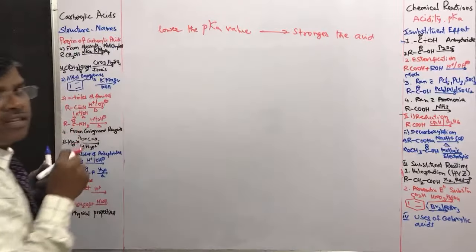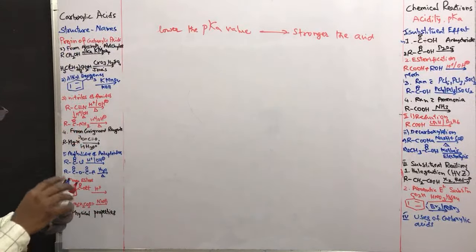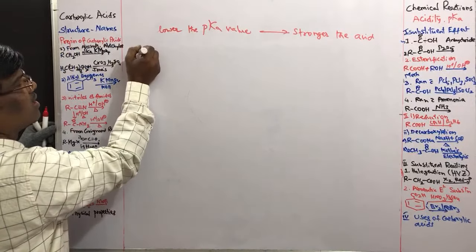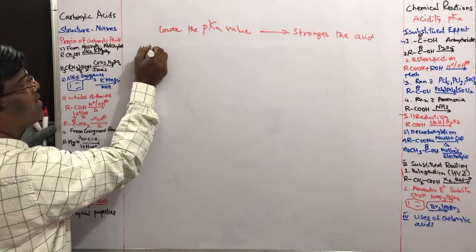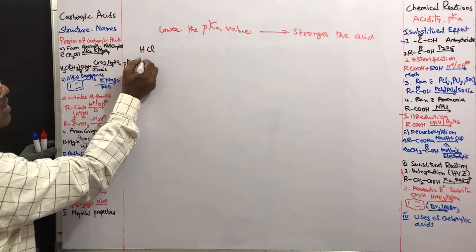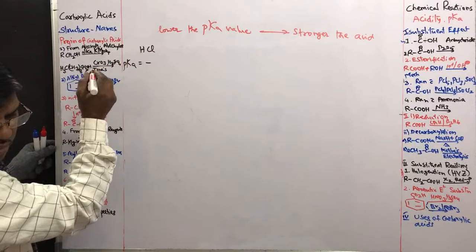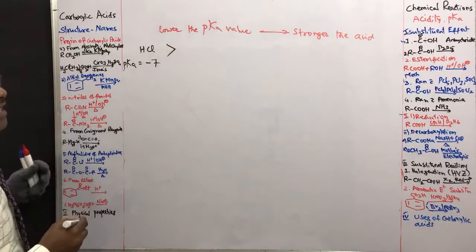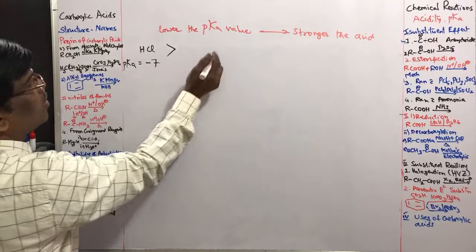For example, if I take HCl, which is an inorganic acid, its pKa value is about minus 7. So it is a strong acid with a low pKa value.